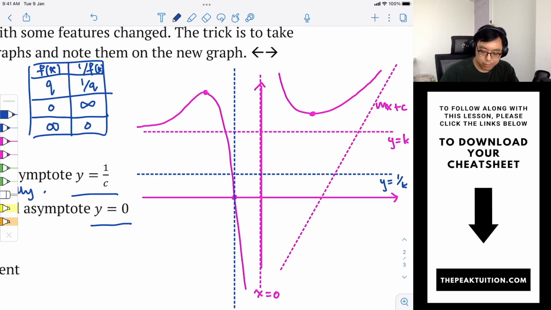To start with, we see that this location here is larger than k. So when we reciprocate it, it will start from below 1 over k.